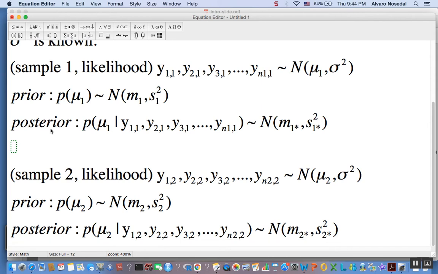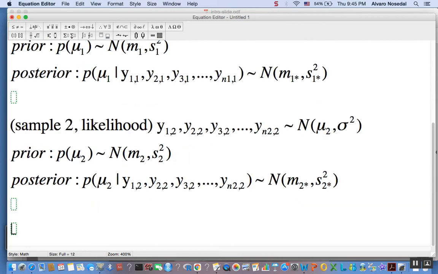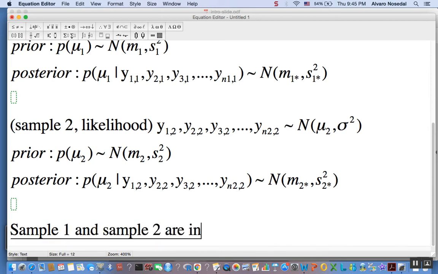That's exactly the situation we have here. After we update our knowledge about mu1 and mu2 using our prior and our likelihood, we end up with a normal posterior for mu1 and a normal posterior for mu2. So if we want to say something about mu1 minus mu2, let's apply what we know. Let me remind you that sample 1 and sample 2 are independent.